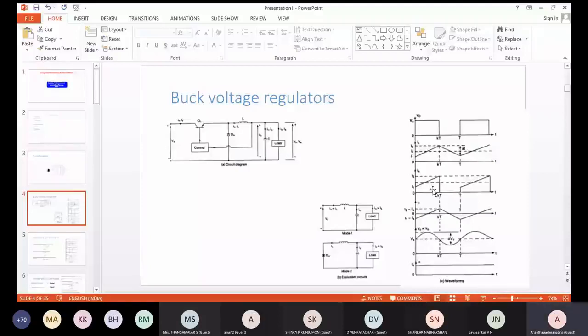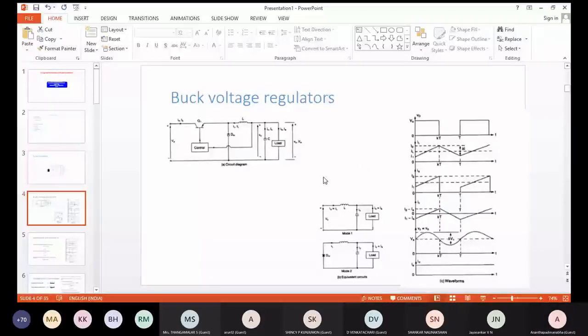So these two things you must keep in mind always. Whenever there is a power conversion happening, we are mainly interested in energy storage elements. So power engineers are very much interested in the current through the inductor and the voltage across a capacitor. So whenever I say waveforms, these are the things that have been displayed.